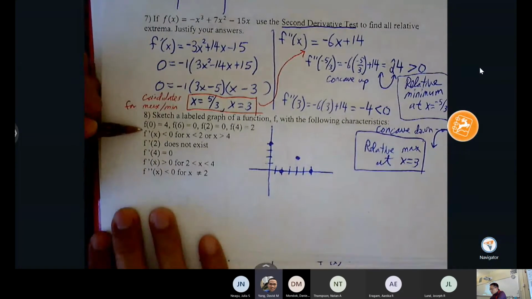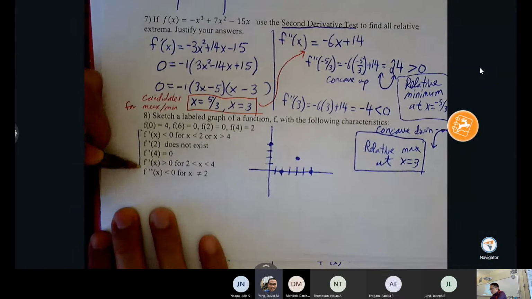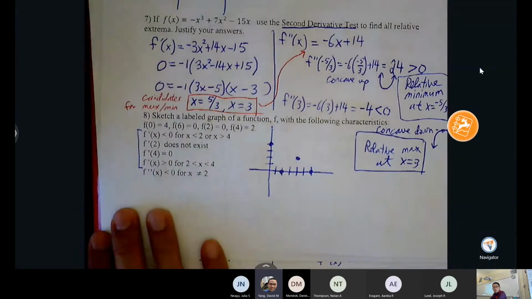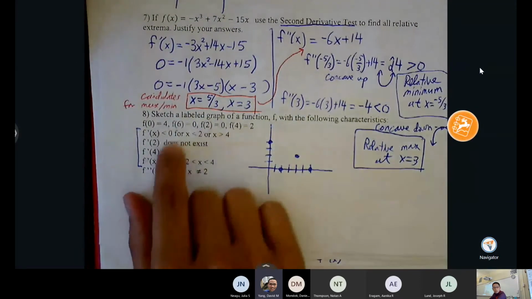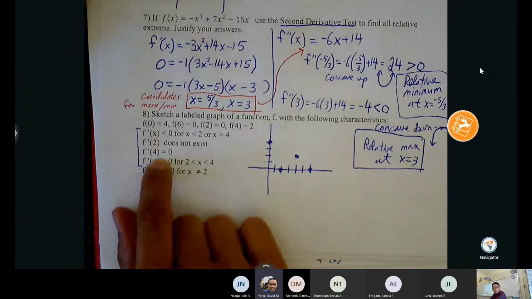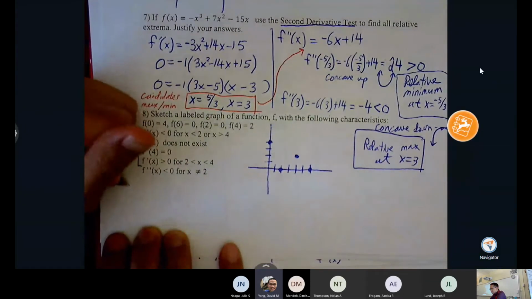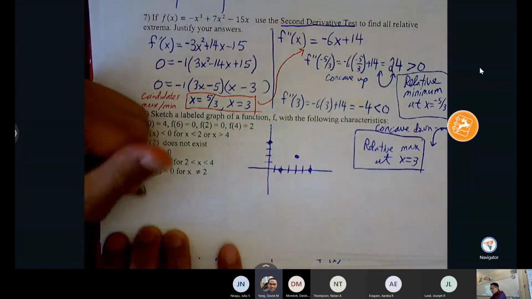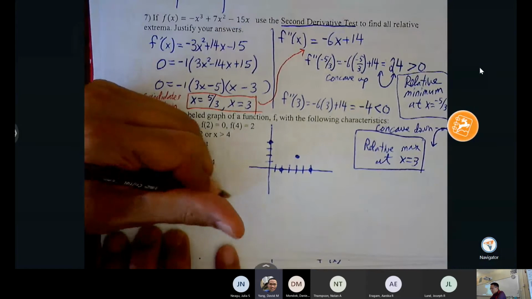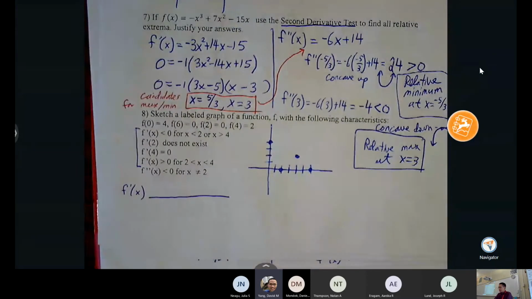These next statements are all about f prime. So let's see if we can organize this information onto a slope sign line. If you read these statements here, can you tell where the critical points are?